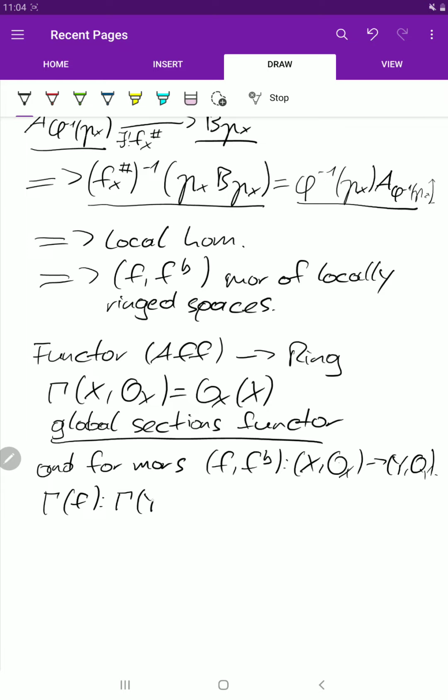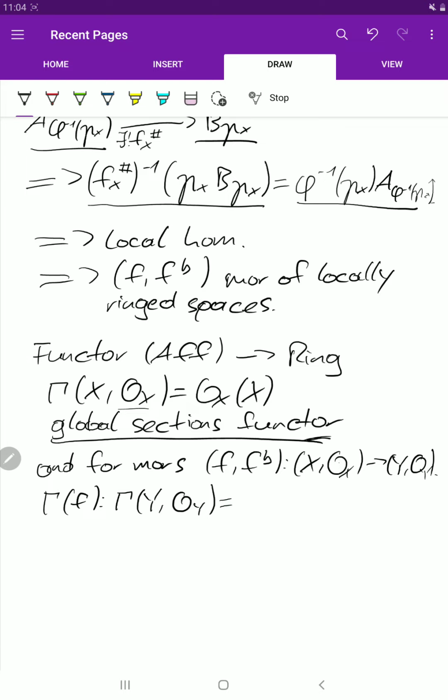So this goes from Gamma(Y, O_Y). Actually, for this global sections functor, we don't need to have the structure sheaf here. We could have something different. So it's good to remember this. This functor is used quite often, and probably we'll see it in some later videos again.